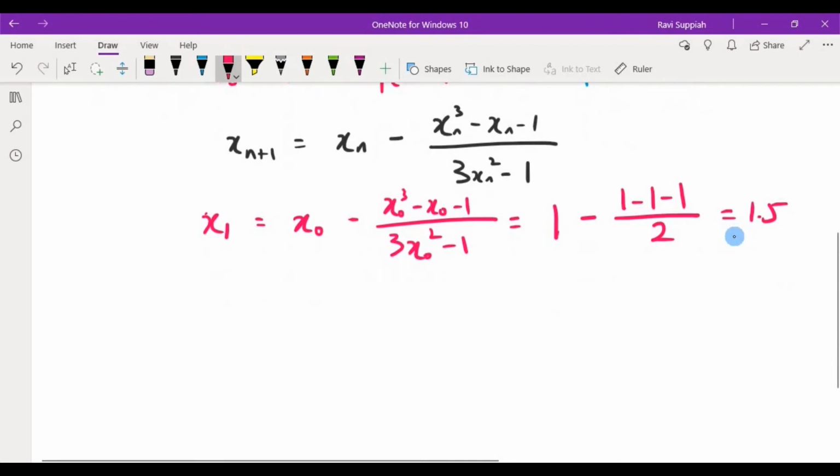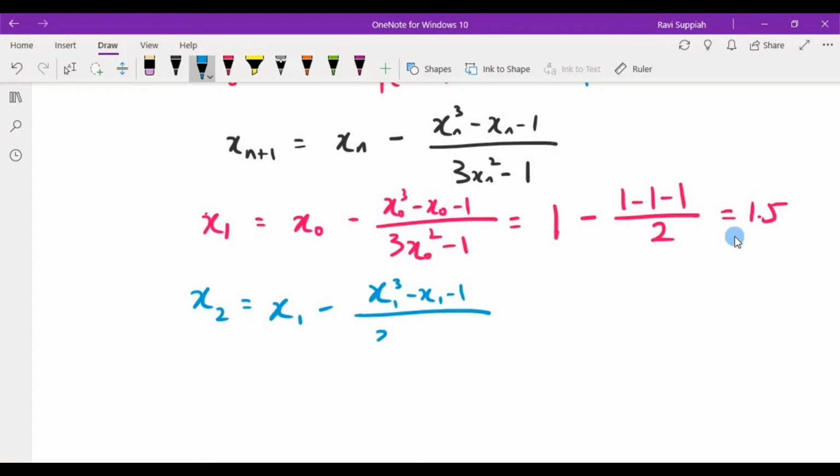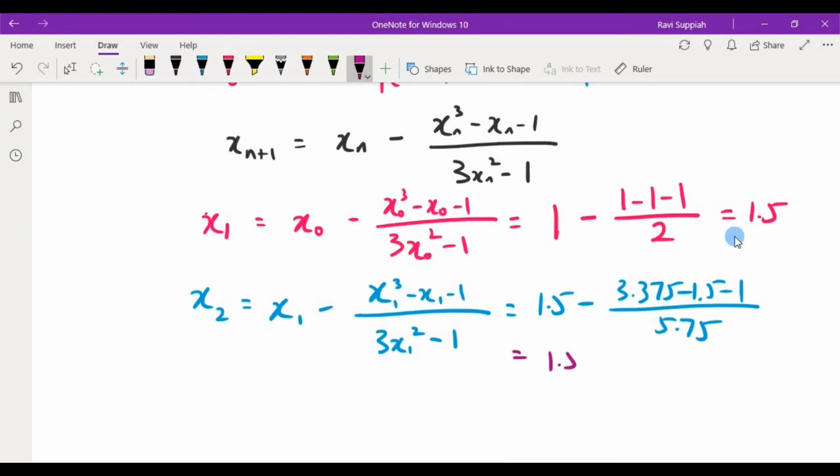Now we need to iteratively keep doing this process again and again. So x2 equals x1 minus (x1 cubed minus x1 minus 1) divided by (3 x1 squared minus 1). That gives us 1.5 minus (3.375 minus 1.5 minus 1) divided by 5.75, which is 1.5 minus 0.15217, equal to 1.34783.